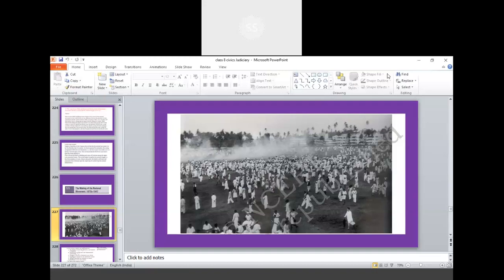We often come across the term nation. The meaning of nation. Is it country, or territory? Are country and nation the same?